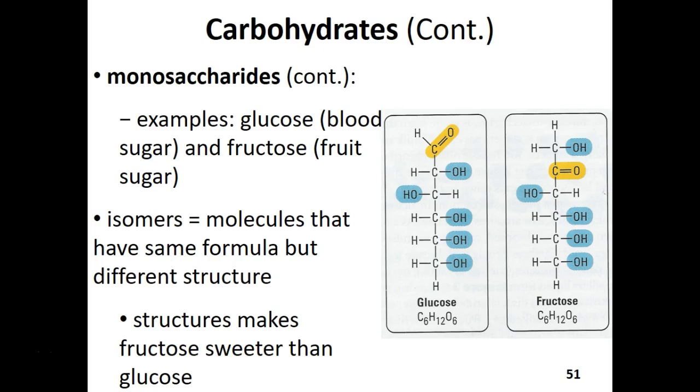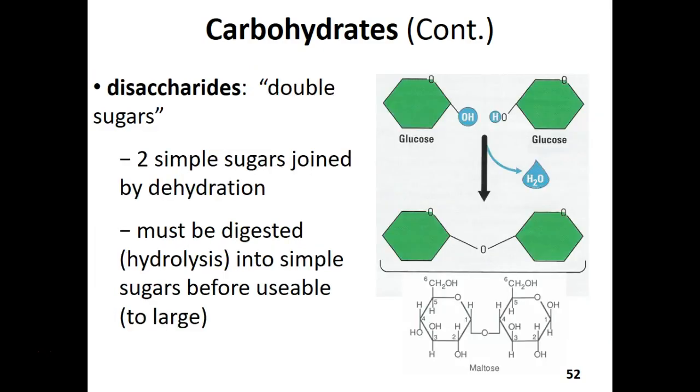And the difference in the structure actually makes fructose sweeter than glucose. So disaccharides are formed when monosaccharides come together through dehydration synthesis. And a disaccharide is just 2 simple sugars, like glucose and glucose, or glucose and fructose, forming the disaccharides.